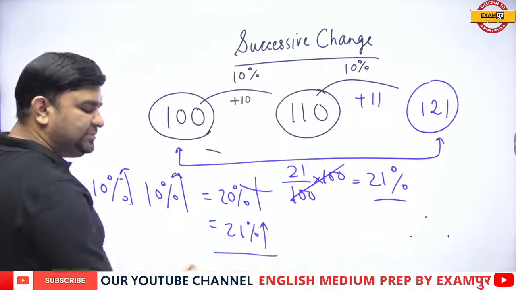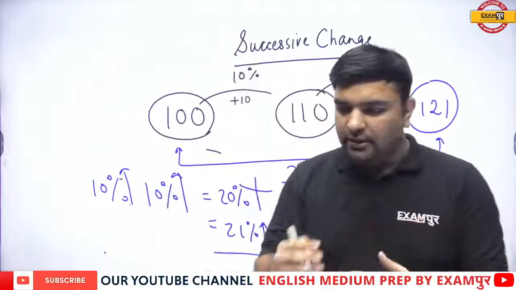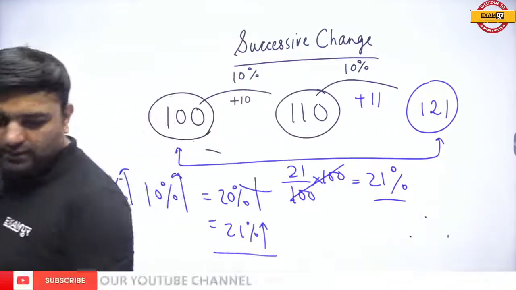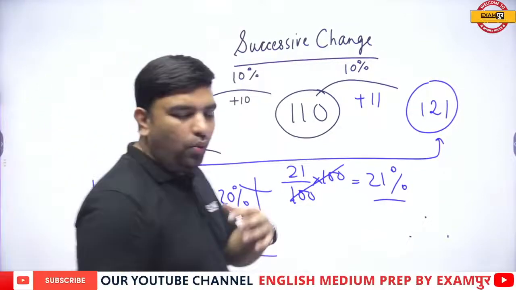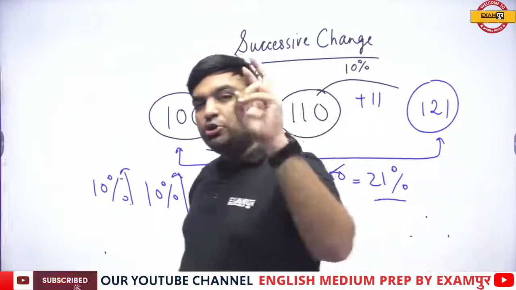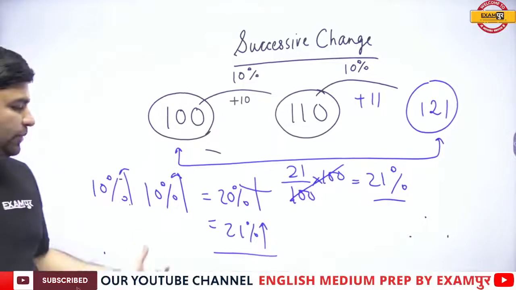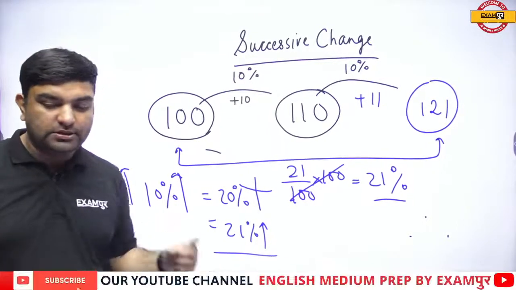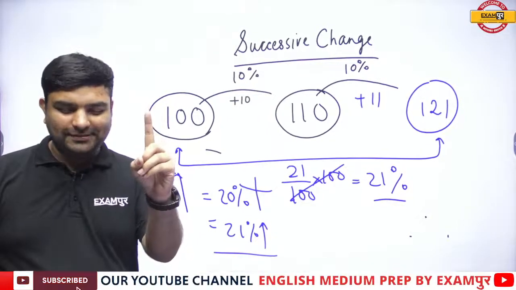So this change is called successive change. Successive means one over the another. So 2 increments of 10% would effectively be a 21% increment, not 20%. Got it?